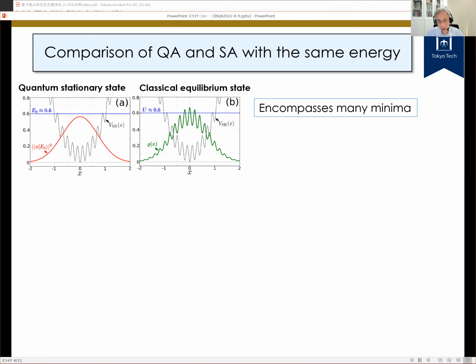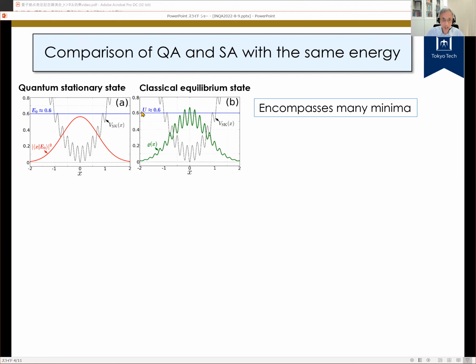And for a fair comparison of quantum annealing and simulated annealing, we took the energy as the measure. For relatively large energy, in this case 0.6, the probability distribution of the quantum stationary state wave function looks like this, which spans over many local minima.